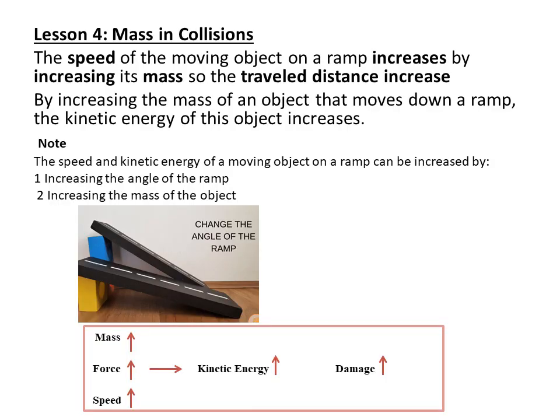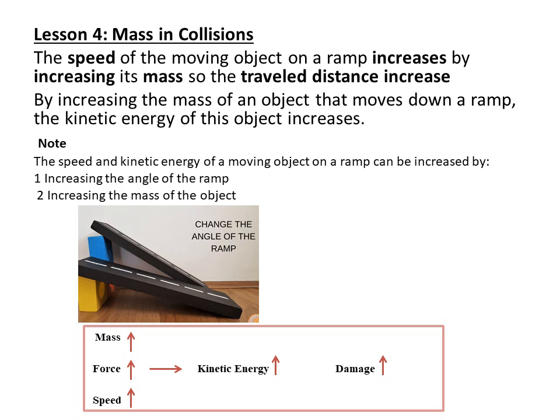We examined the effect of an inclined slope or ramp on the speed and the energy of moving objects. We measured the impact of speed on collision by changing the height of the slope. And the more the speed increases, the more the kinetic energy increases, and the more the time decreases.